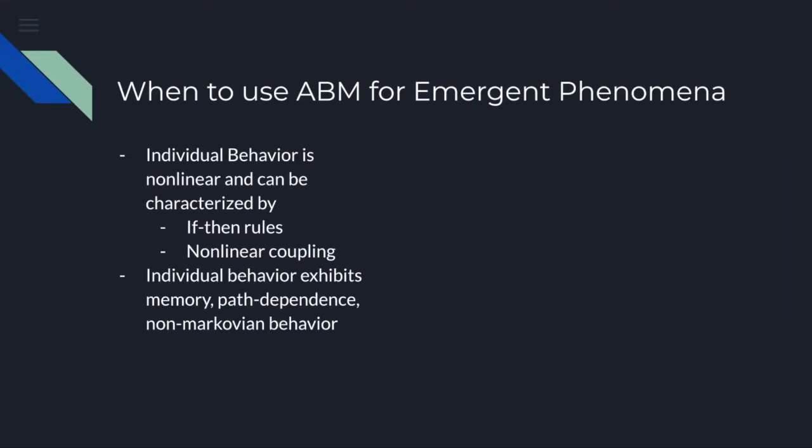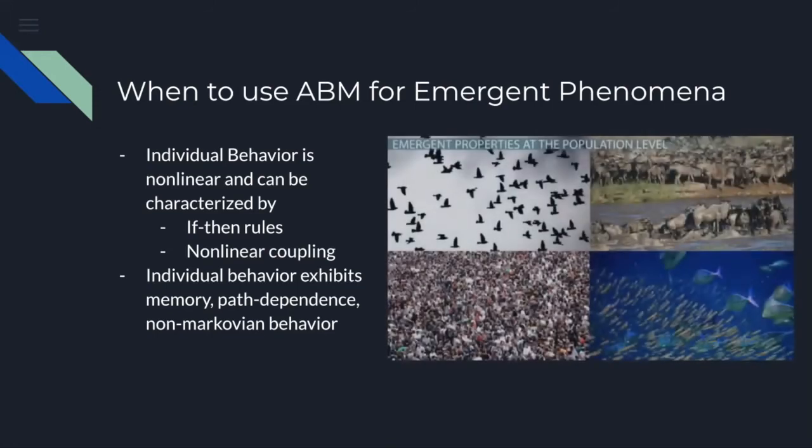Path dependence pretty much means that depending on which path an agent takes, the agent will make different decisions, so it's dependent on the path that it takes. And non-Markovian means that the probability of going on each path is non-constant. So say an agent has a 50% chance of going on one route. This 50% changes through the course of time. And this is just a couple of natural emergent phenomena.